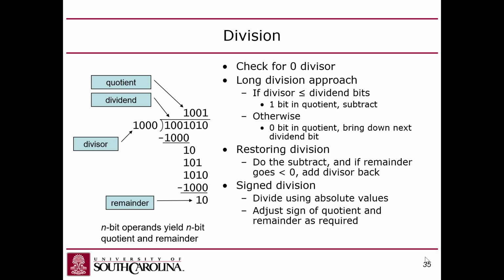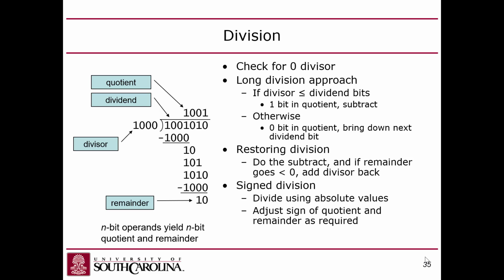So can we subtract 24, without it being a negative result? No. Can we subtract 12? Yes, right? So that means that bit 2 of the quotient is going to be turned on. And then what do we have left? We have 1 as the remainder.